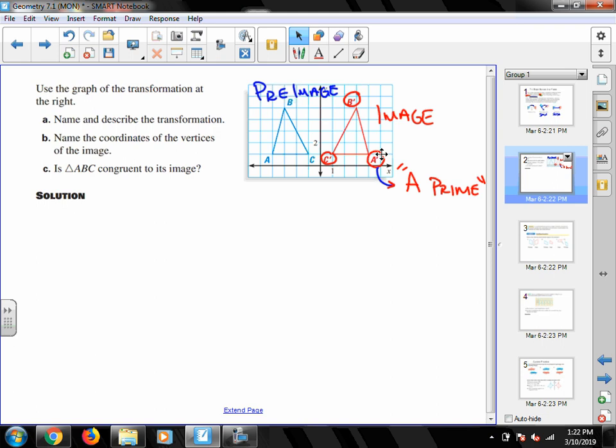The key to this is that A goes to A prime, so that's going to match up here. If I were to just translate that or slide that over, A in my image would still be on the left. So A and C have flipped spots, which means that for part A, the only one that we have left is a reflection.